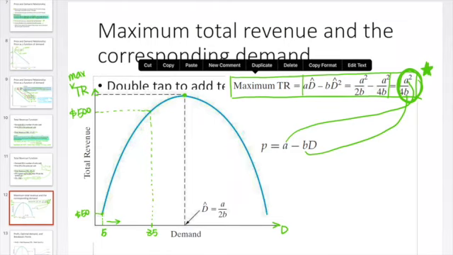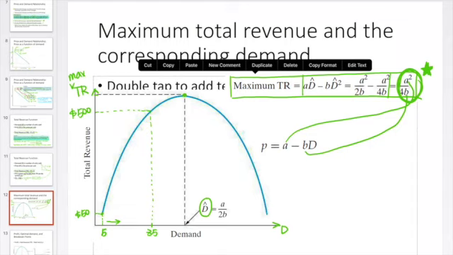Make sense? And also we're interested in the demand, at what demand you can reach the maximum total revenue. And that demand, we have a name for it. We call it D hat. This symbol above the D, like a V upside down, is called D hat.